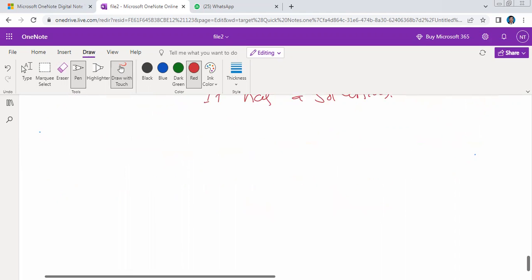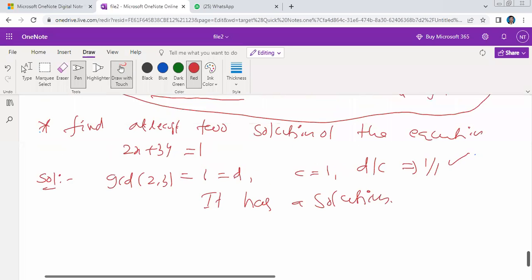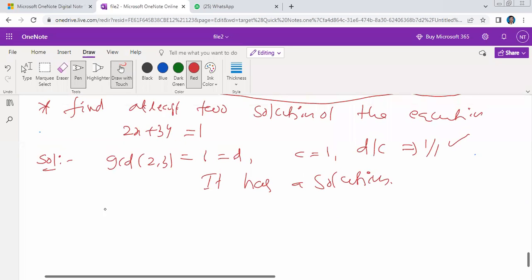Now, how to find the solution of this one? 2, 3, right? By using the Euclidean algorithm. I'm writing 3 is the bigger number. 3 is equal to 2 times 1 plus 1. Again, 2 can be divided by 1: 2 is equal to 1 times 2 plus 0.